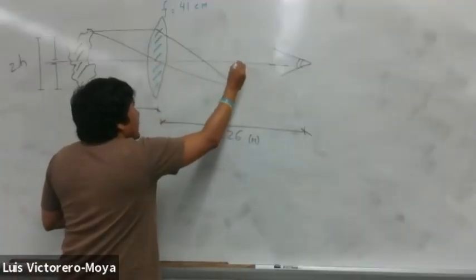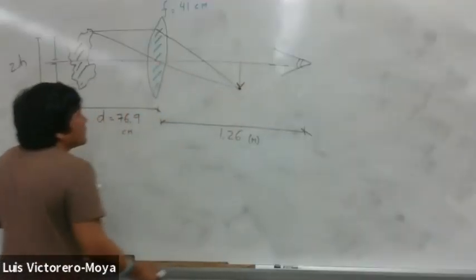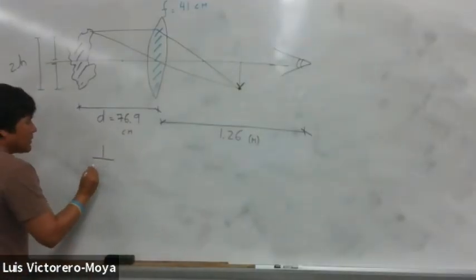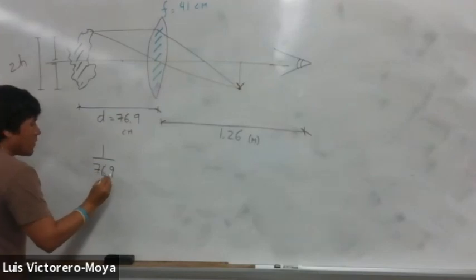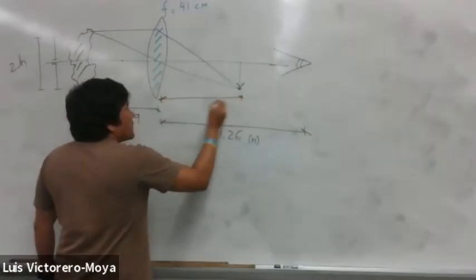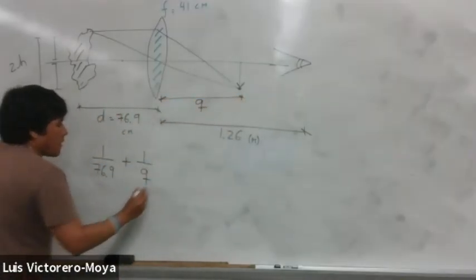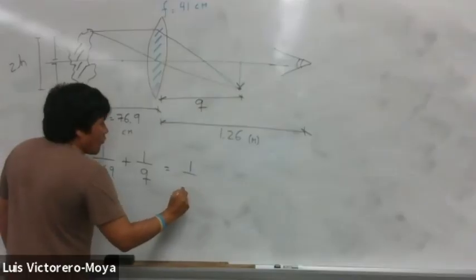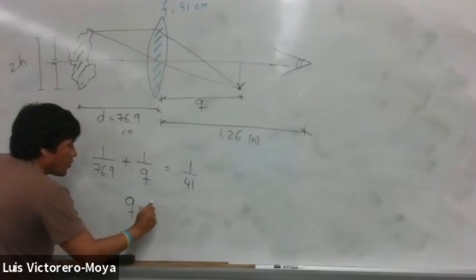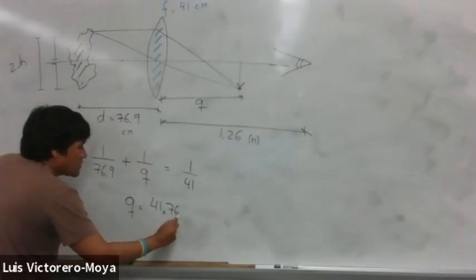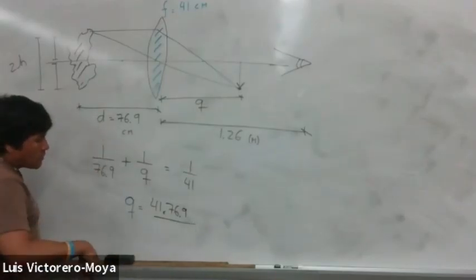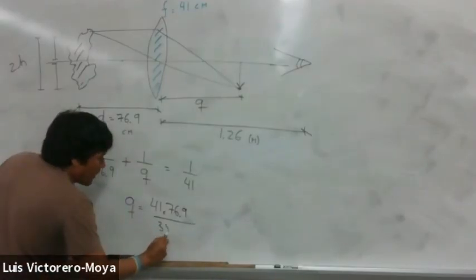So the image will be here. 1 over 76.9 plus 1 over Q equals 1 over 41. So Q is 41 times 76.9 over the difference, 35.9.